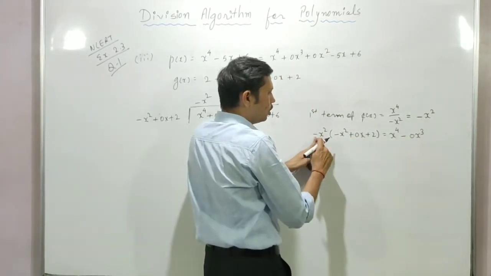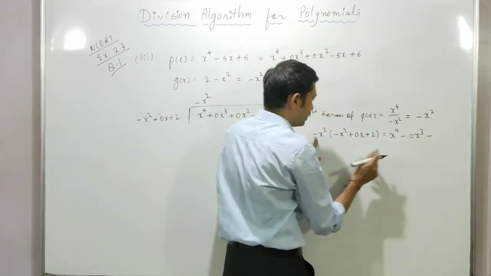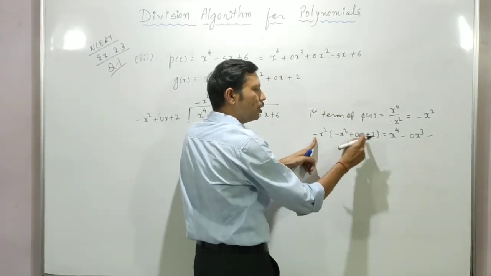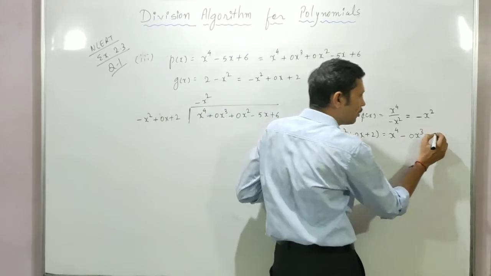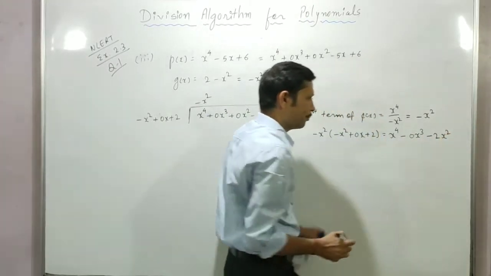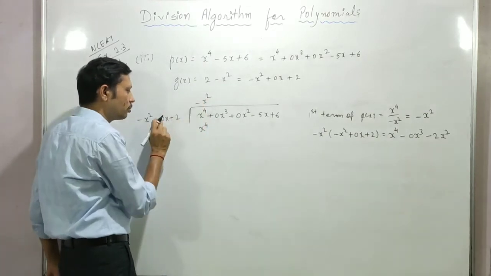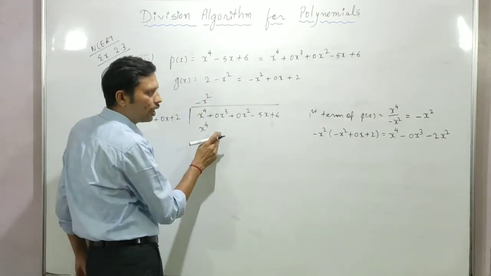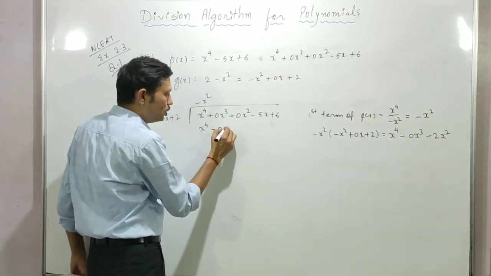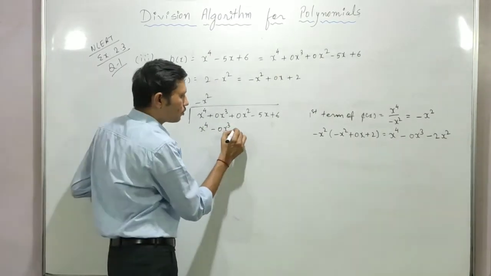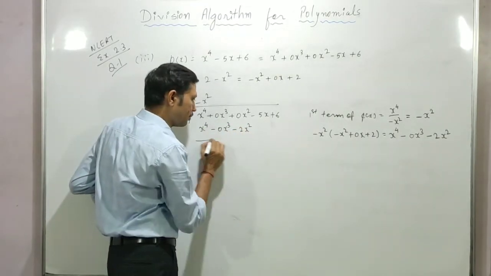Now minus plus minus 2 multiplied with x square, 2 multiplied with x square is 2x square. So we write down this product here: x to the power 4 minus 0x cube minus 2x square.